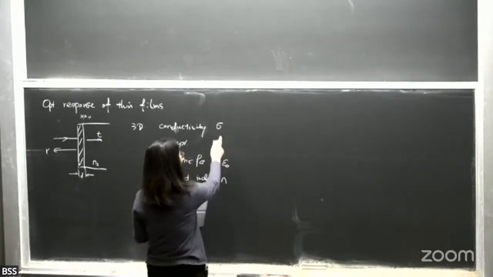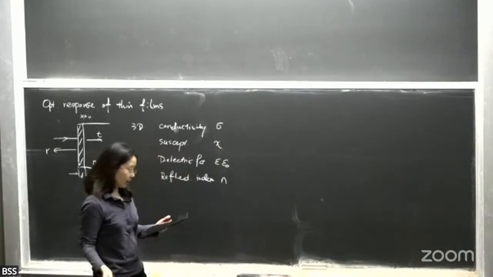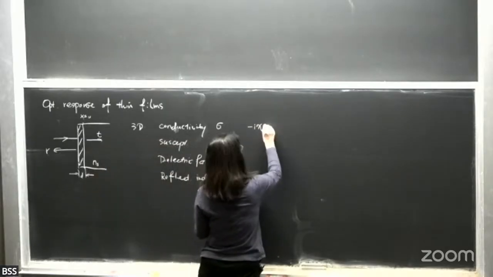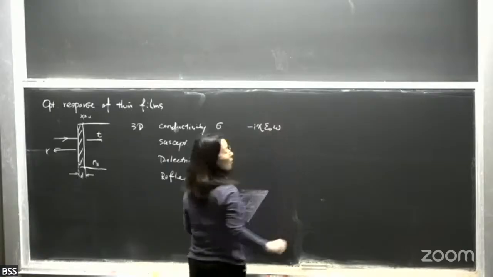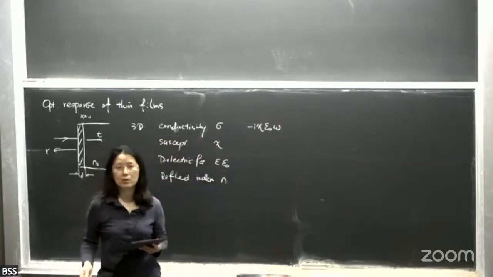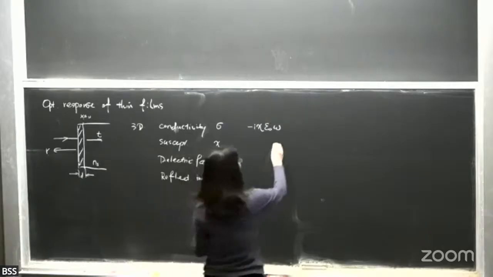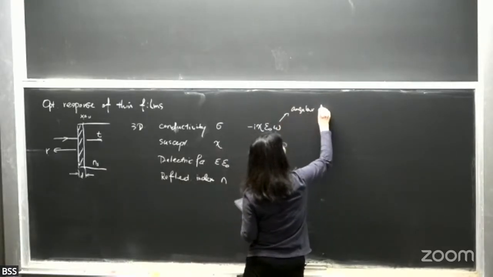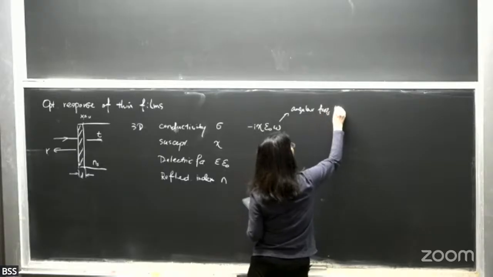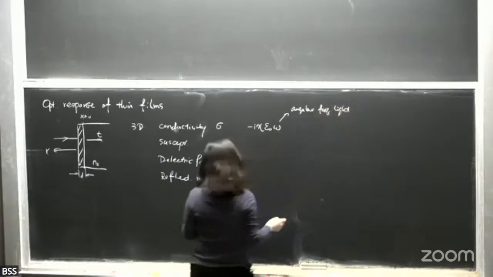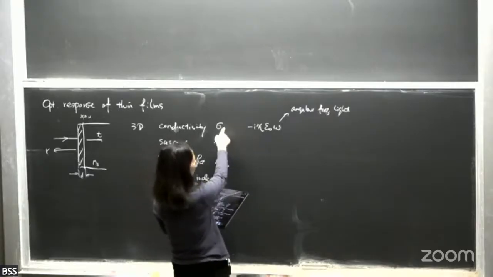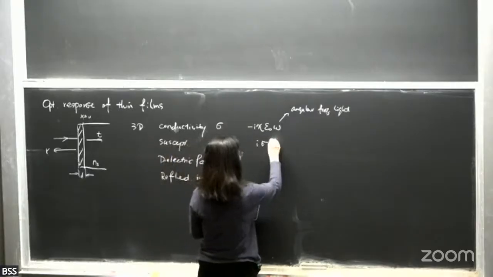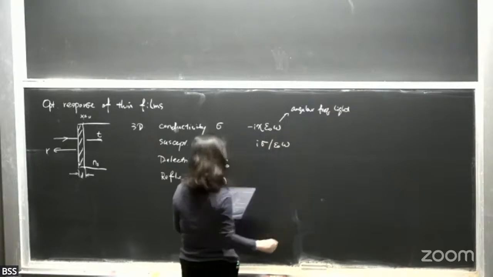And they are connected. For example, conductivity is just minus i chi epsilon naught omega, where omega is the angular frequency of light, right? So chi, you can convert this, it's the same as i sigma over epsilon naught omega.